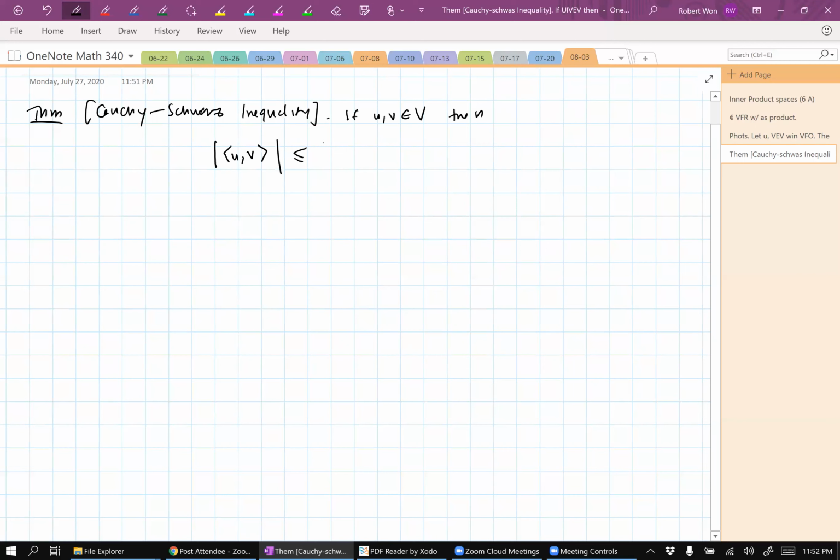This number is less than or equal to the norm of u times the norm of v. These things are also non-negative real numbers. Okay, equality holds if and only if one of u or v is a scalar multiple of the other.